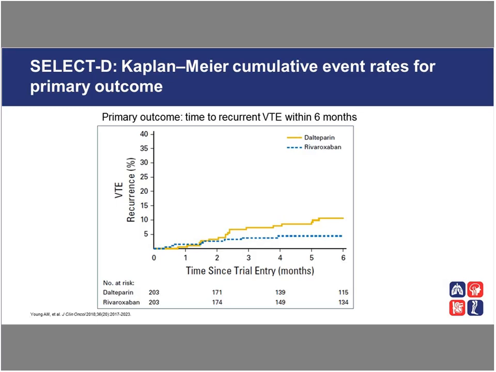and these patients were eligible to be enrolled. When we look at the Kaplan-Meier curve here, looking at the cumulative event rates for recurrence within the 6 months, we note once again that there were fewer recurrences with the rivaroxaban group versus the dalteparin group.